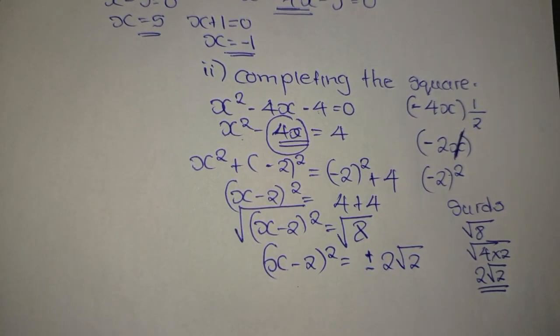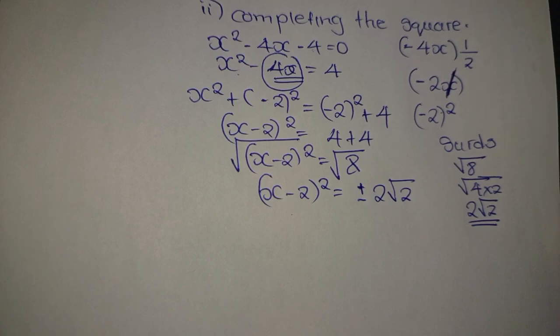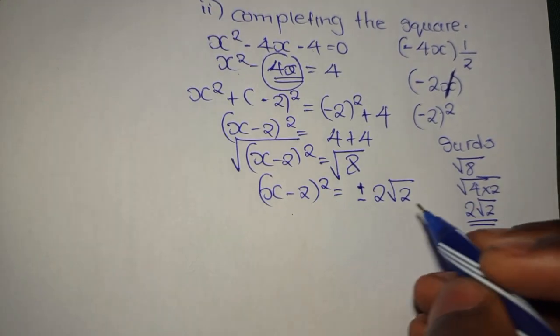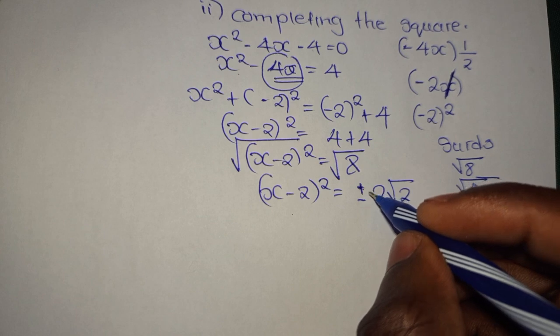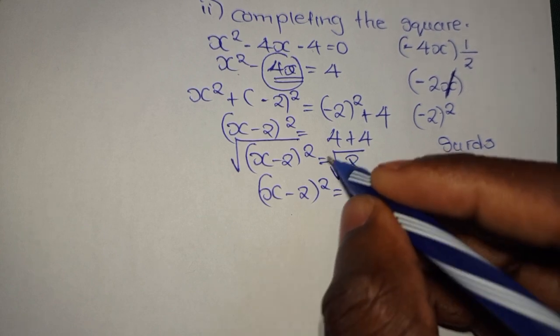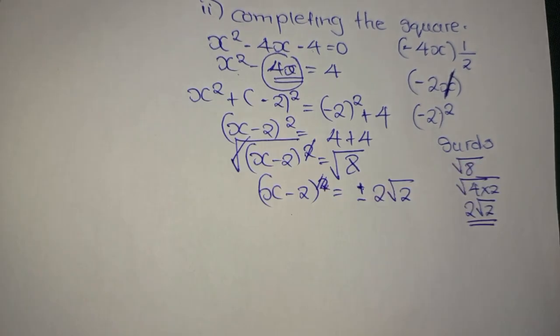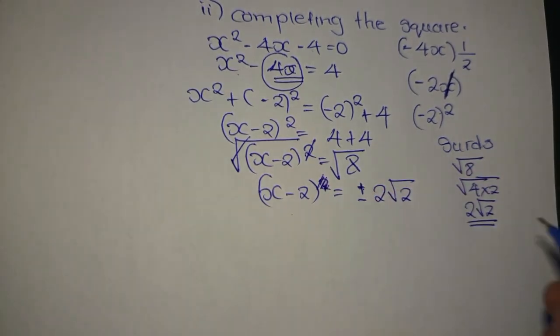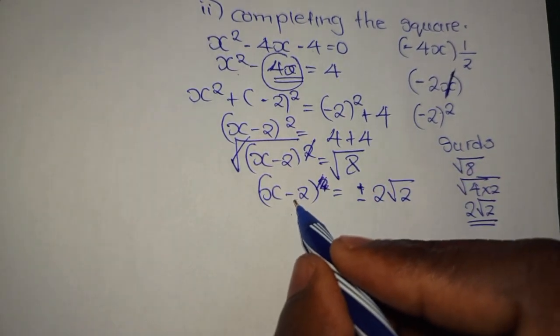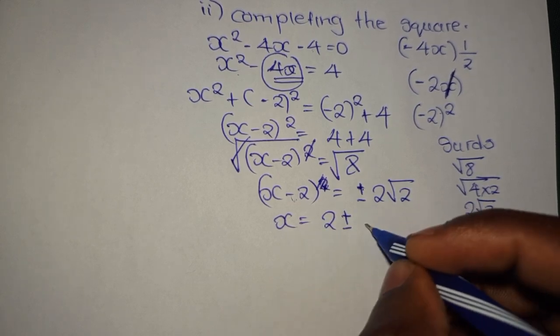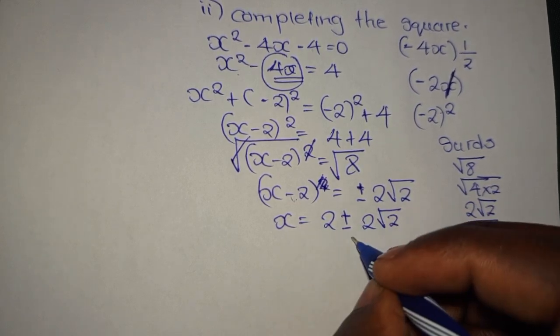Then immediately now we do that. This is where now we basically apply some mathematical rules. We have cancelled this already. There is no need to rewrite this 2. Then negative 2 can go to the other side, and you have x is equal to 2, positive or negative 2, the root of 2.